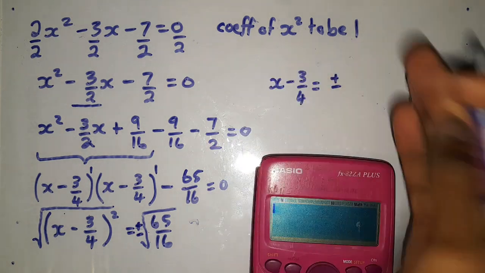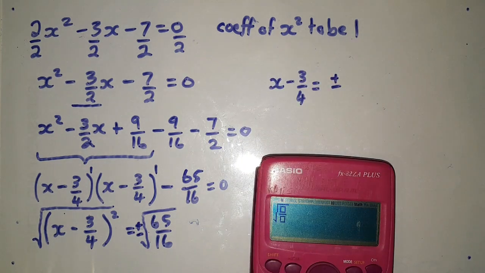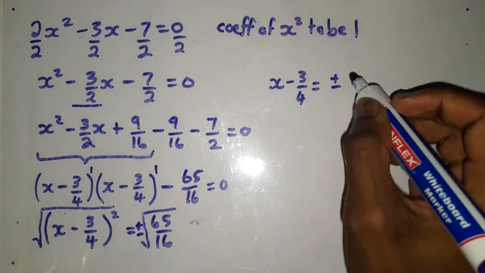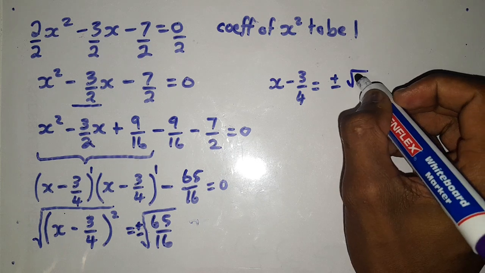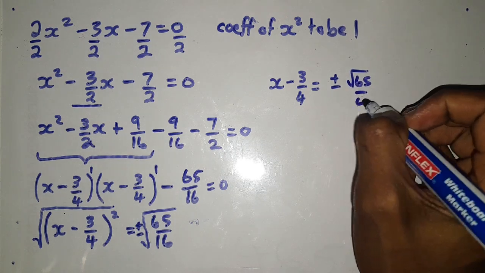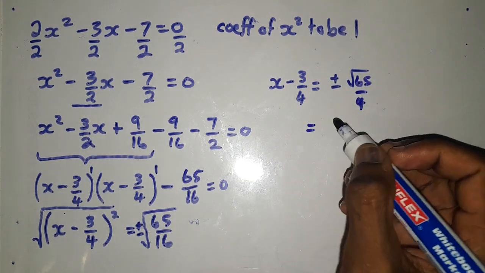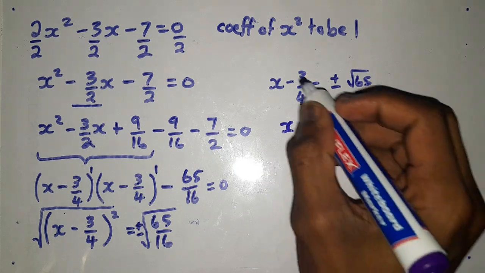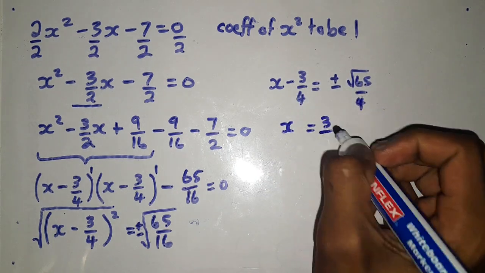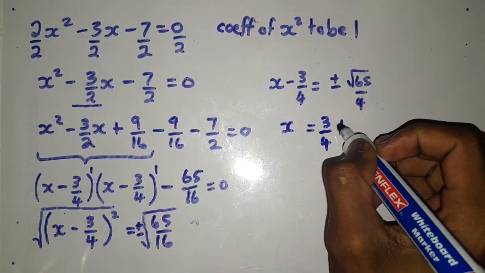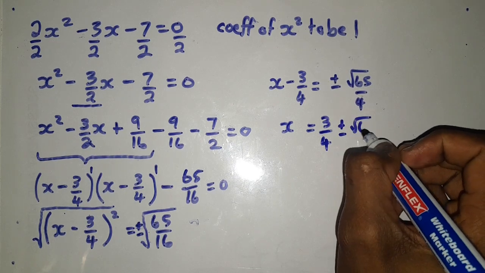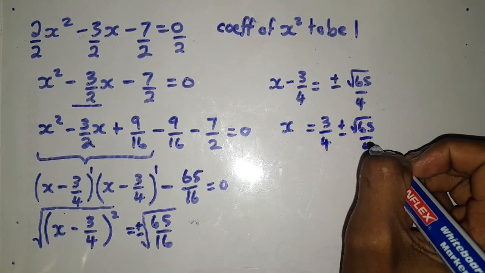Immediately after taking the root to the other side, 65 divided by 16, we get plus minus root 65 divided by 4. Then we are almost done. Take this value to the other side. This is what we get, plus minus root 65 over 4.